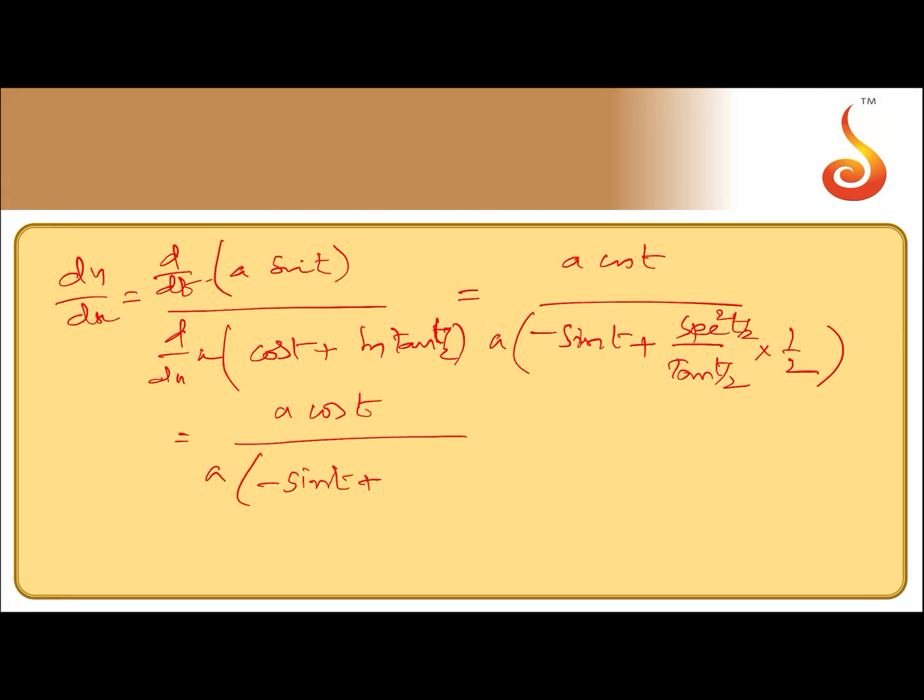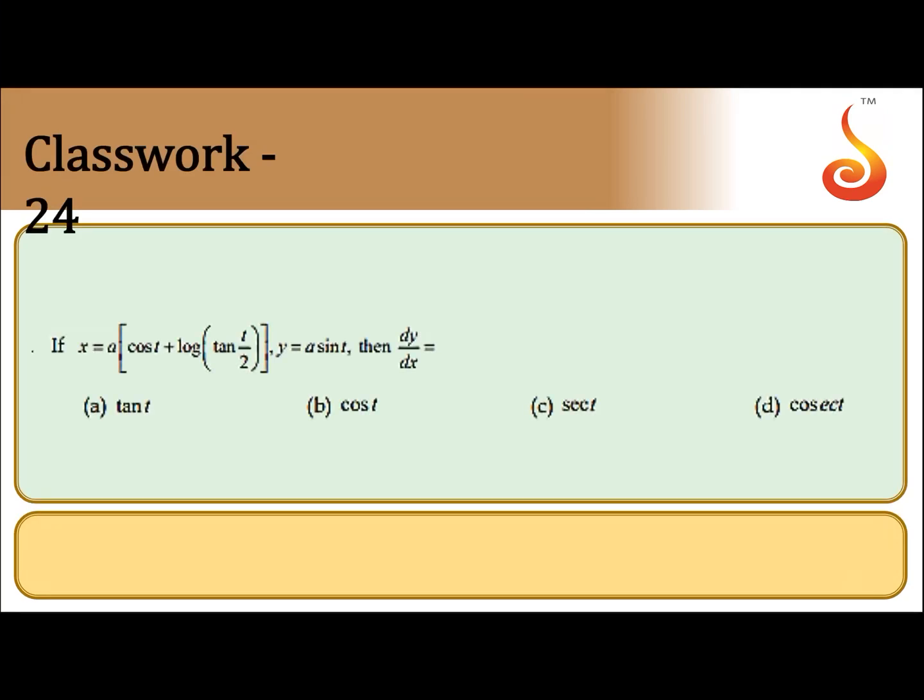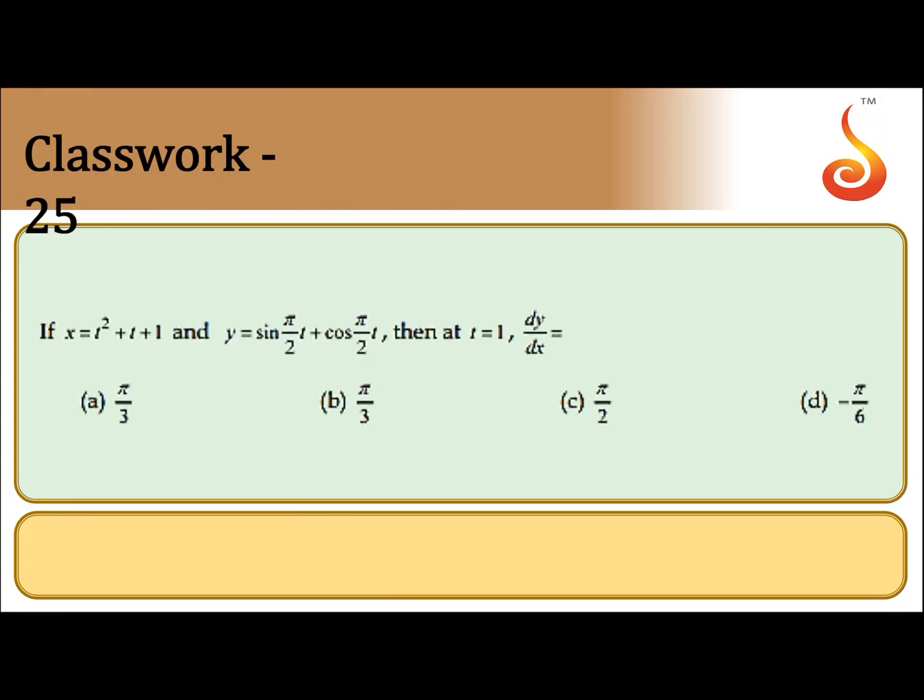Minus sin t plus, on simplification sin by cos, one cos gets cancelled, 1 divided by sin t. And that is equals to a cos t multiplied by sin t divided by cos square t. So one cos gets cancelled, and the answer for the problem is equals to tan t.